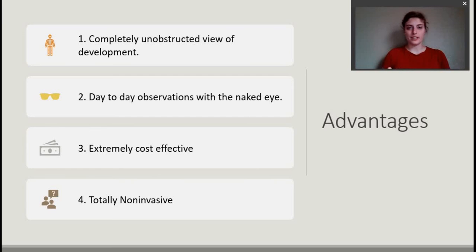It's extremely cost-effective. If you can imagine, an egg doesn't cost too much, and neither does a plastic cup or some plastic to put it in. And it's totally non-invasive. You don't have to obstruct or bother the albumin or the yolk within the plastic sling, and you can let it develop normally.